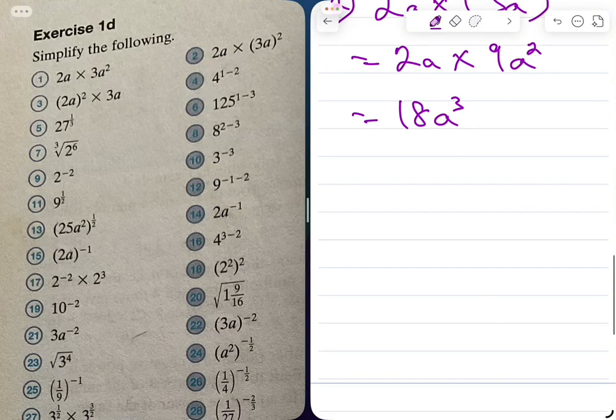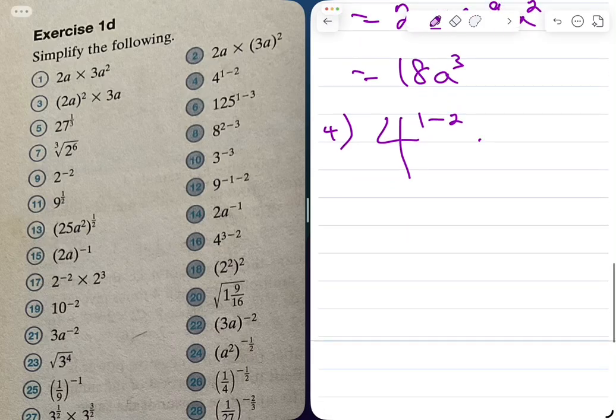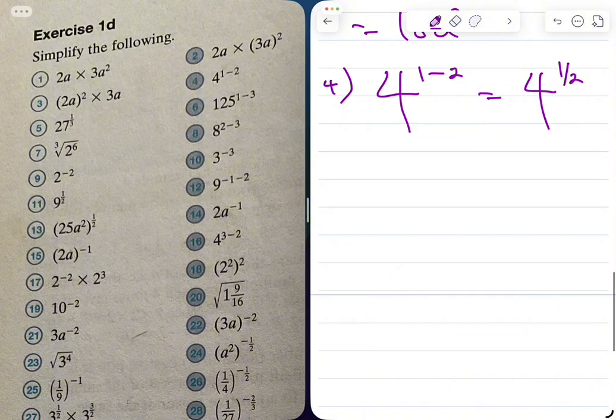Now to the next one, which will now be number 4. Number 4. This is written this way, 4, and the power is written this way. This power simply means 1 over 2. So that's actually 4 raised to power 1 over 2, which simply means the square root of 4 raised to power 1.